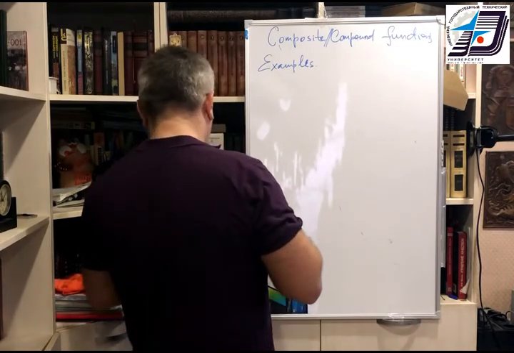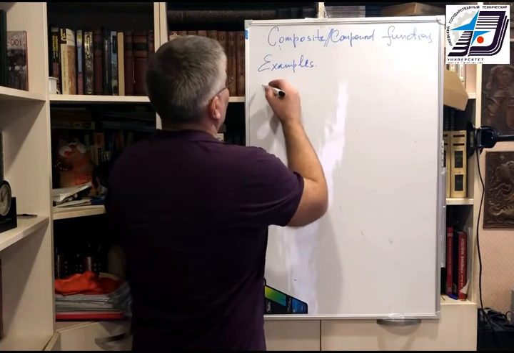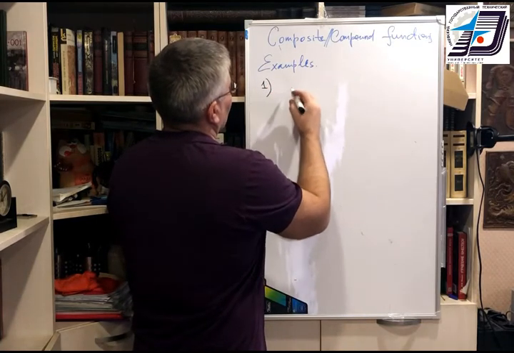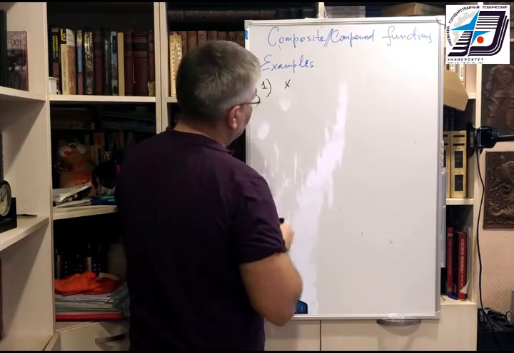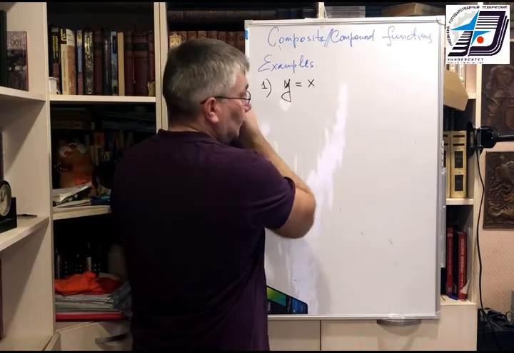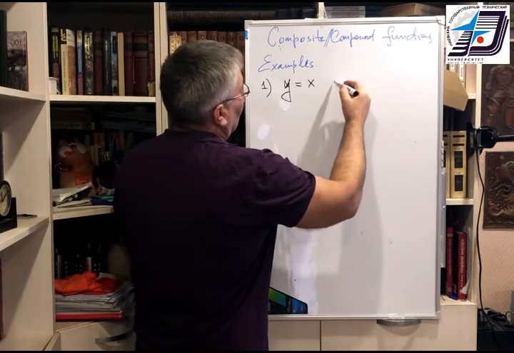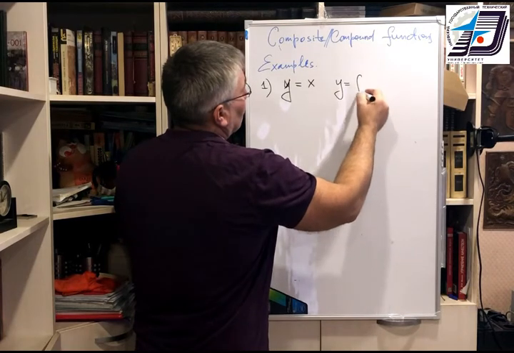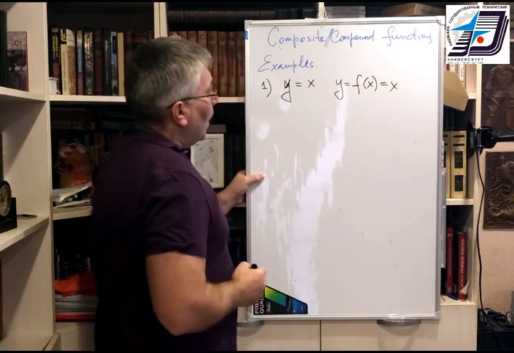I use the black ink here. The first thing. For example, you have a given function y equal x. So we can write down that f of x is just x, itself.